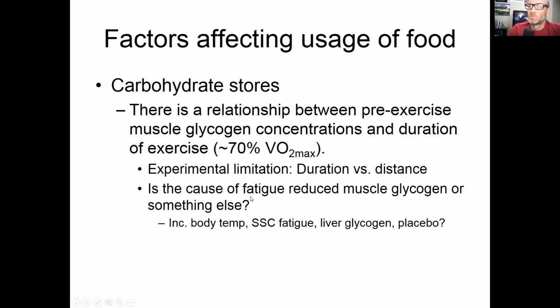Is the cause of fatigue reduced muscle glycogen or something else? Increased body temp, shortening cycle fatigue, liver glycogen, or maybe even a placebo. So we talked about this before in the previous section. Pre-exercise muscle glycogen level is important, but we're not exactly sure how.